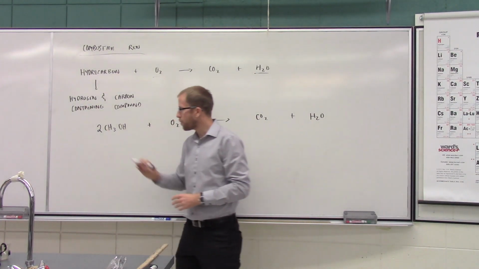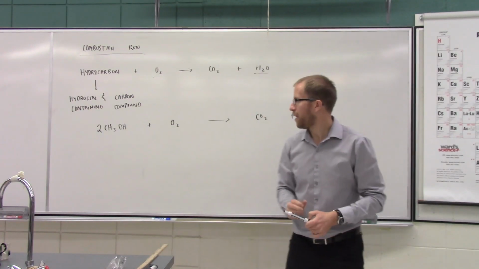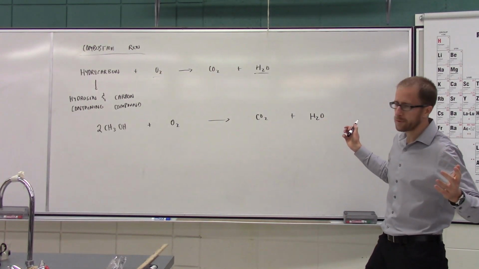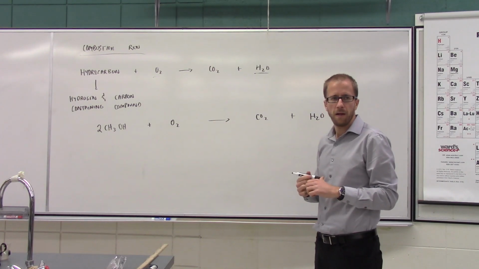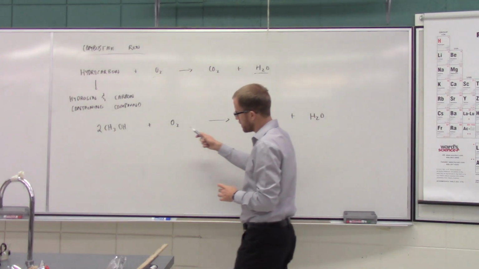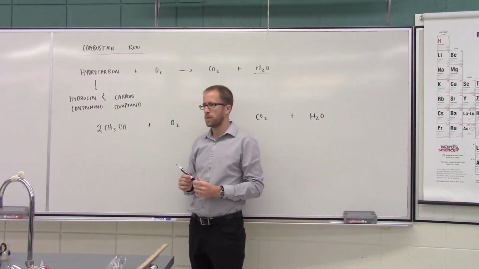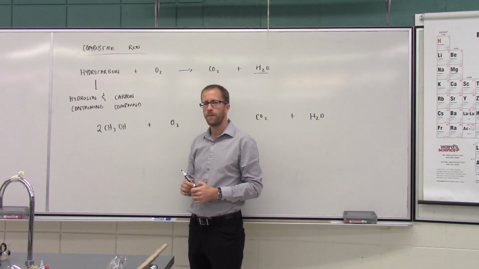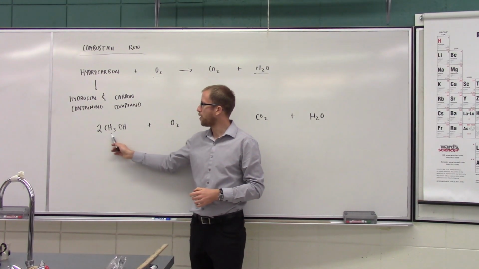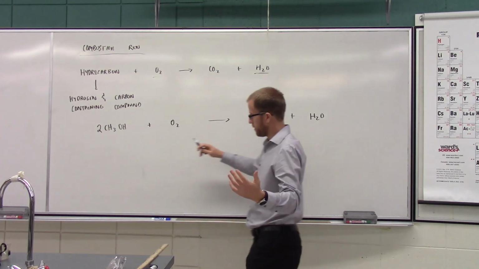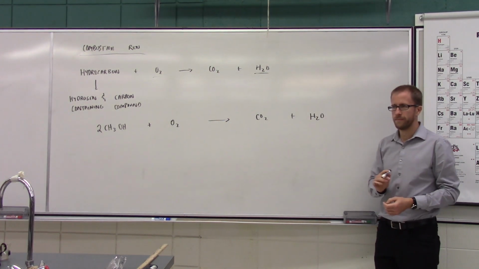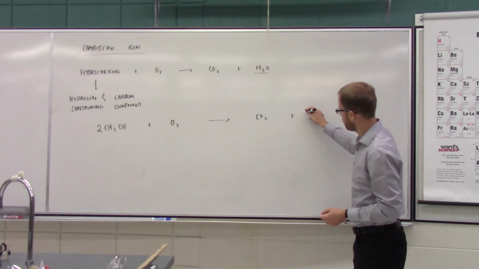Now that I've put a 2 there, let's balance our hydrogens next. How many hydrogens do I have on this side? 4. I have 1, 2, 3, 4 times 2, 8. So how do I get 8 on this side? Can put 4.